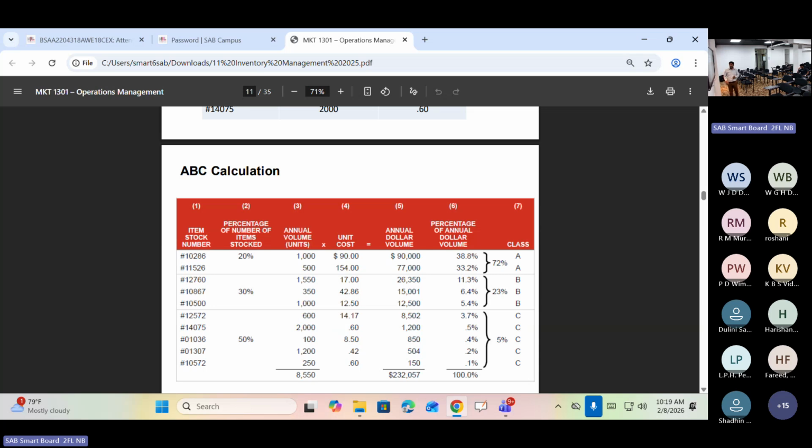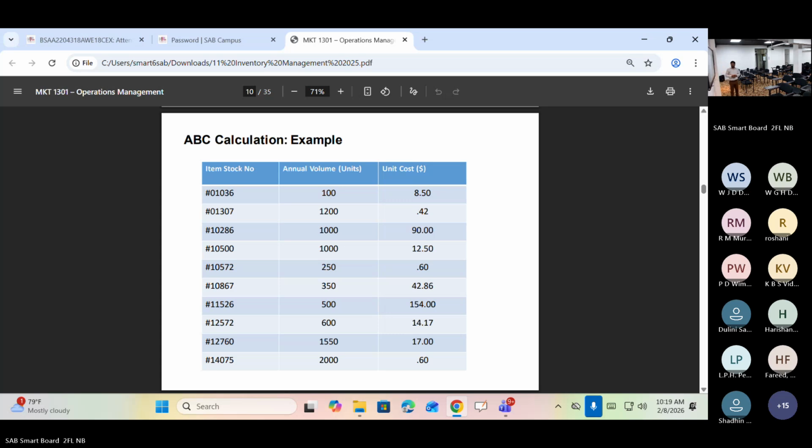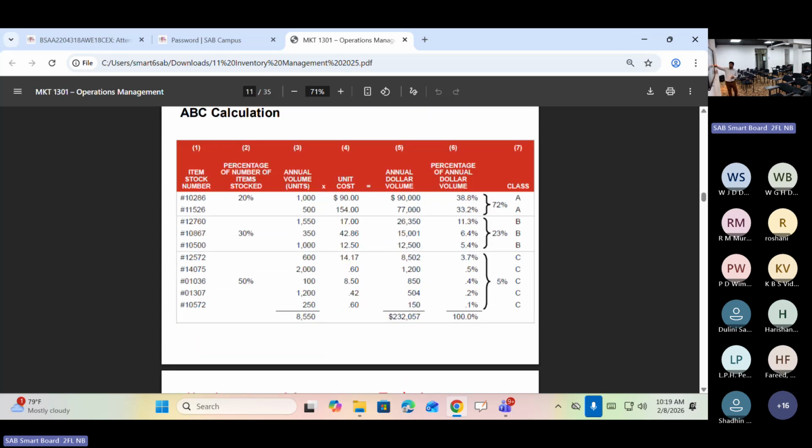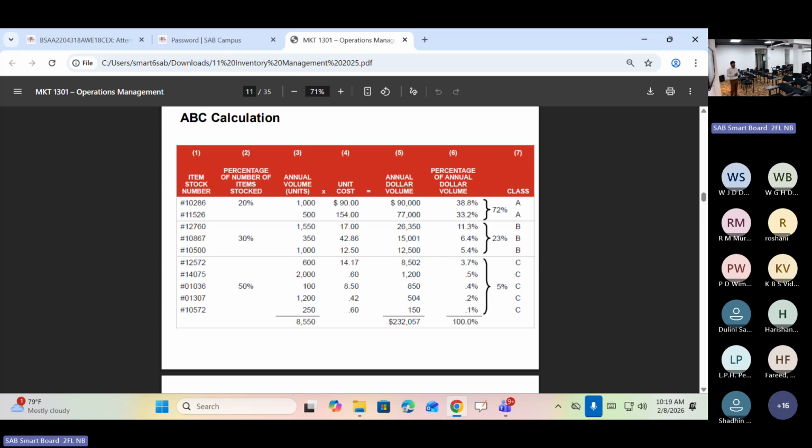With this simple example, and with the answer here, I hope you can understand, if you are given such details, like various different SKUs, their annual volume, and the cost per unit, you will be able to identify the annual dollar volume of each SKU and arrange them in descending order, and accordingly using the ABC benchmark criteria, classify them into three classes: class A, class B, and class C, and accordingly specify inventory control procedures for each.